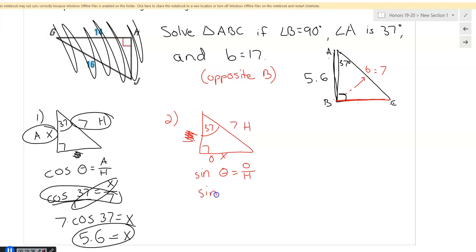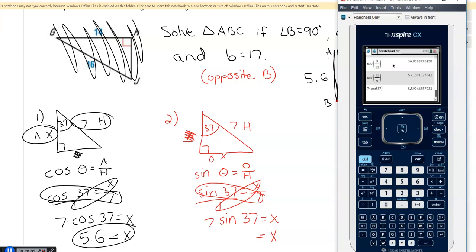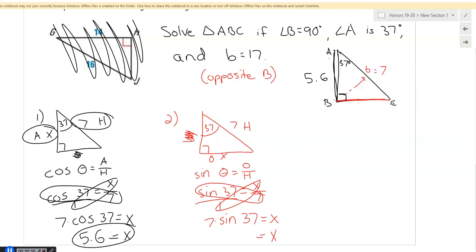So sine of 37 equals x over 17, and put a 1. Cross multiply. I have 17 times sine of 37 equals x. And then I just have to do 17 times sine of 37, and I get 10.2.